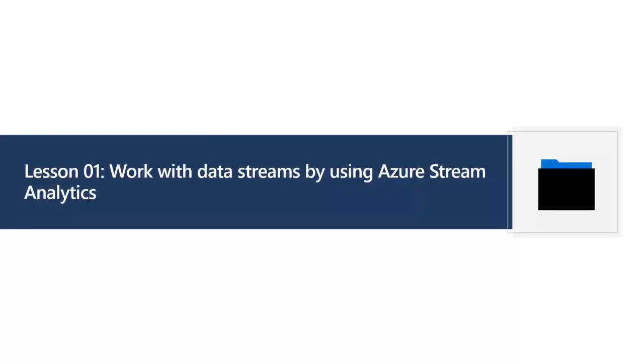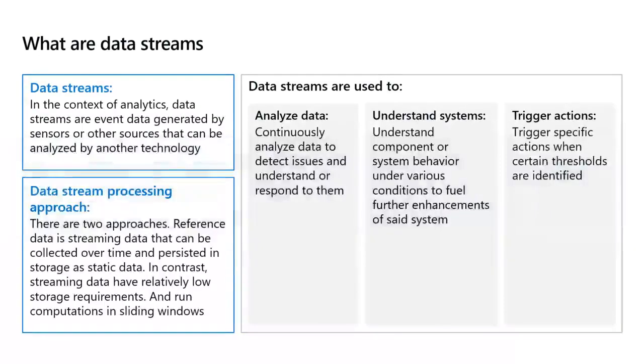And finally, let's have a word about how you work with data streams, stream analytics. So, as I mentioned previously, data streams are events generated by, for instance, sensors or any other sources, and they are gonna be analyzed by some technology we're gonna use here. Right? So, two different approaches.